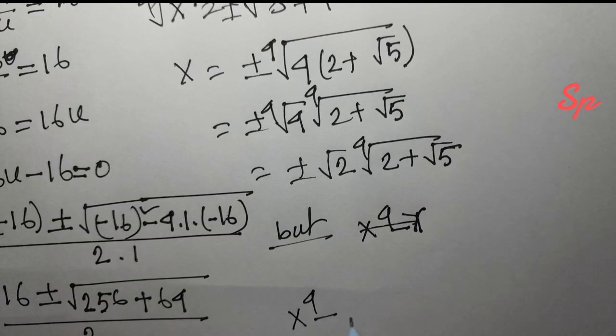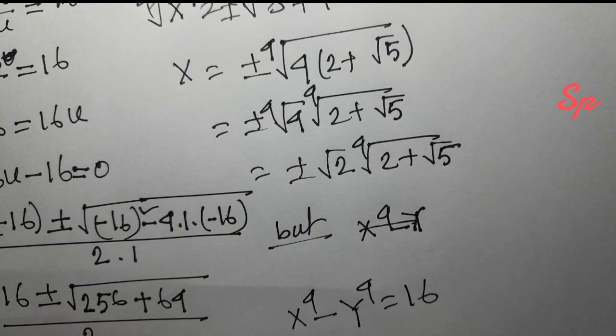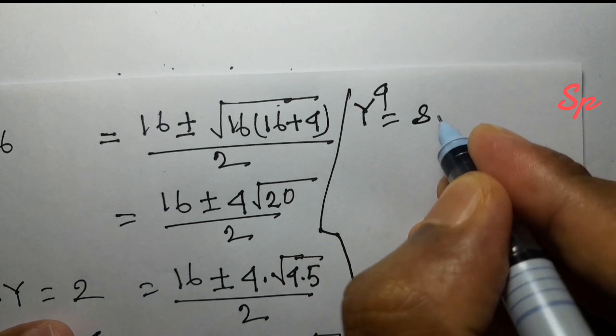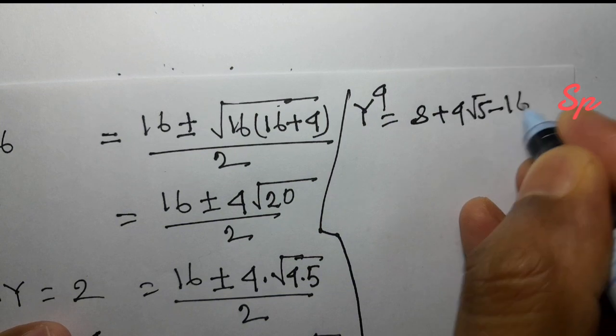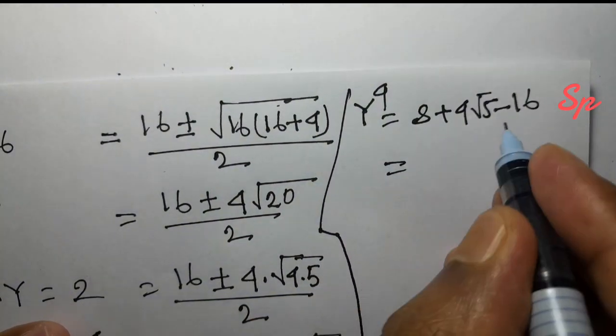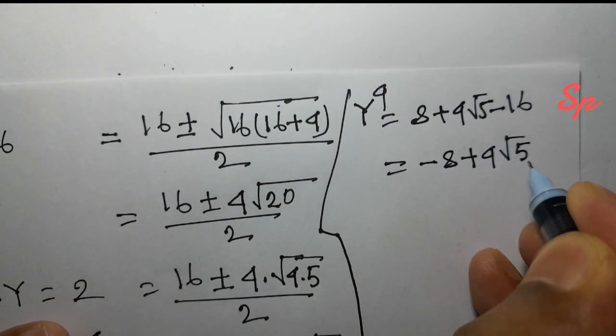Now x to the power 4 minus y to the power 4 is equal to 16. So y to the power 4 is equal to x to the power 4 minus 16. Y to the power 4 is equal to 8 plus 4 root 5 minus 16, which is equal to minus 8 plus 4 root 5.